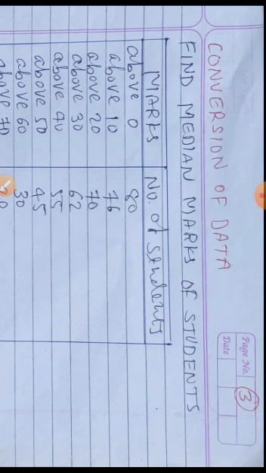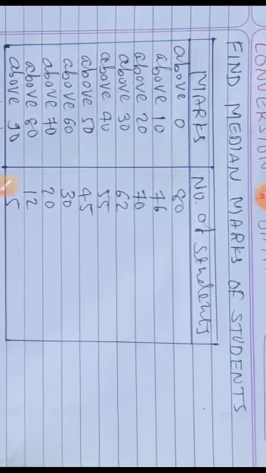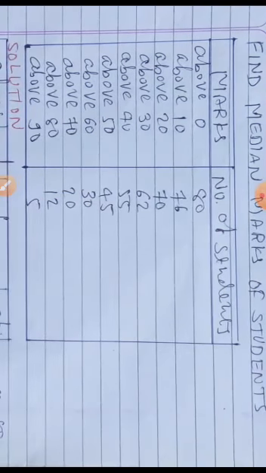Now you look here, marks and number of students are given, but not 0, 10, 20 like this. It is not a discrete frequency distribution. It is continuous, because if only 0, 10, 20, 30 were given, then it would be discrete, whatever we discussed in our first lecture. But now above and below are there, so obviously it is a cumulative frequency distribution.